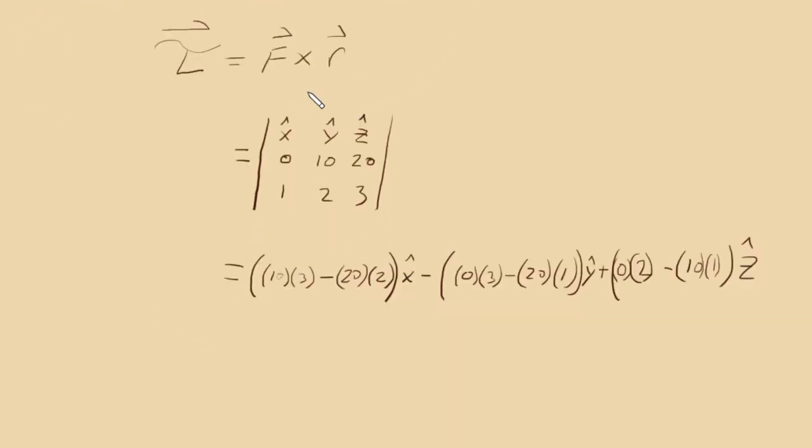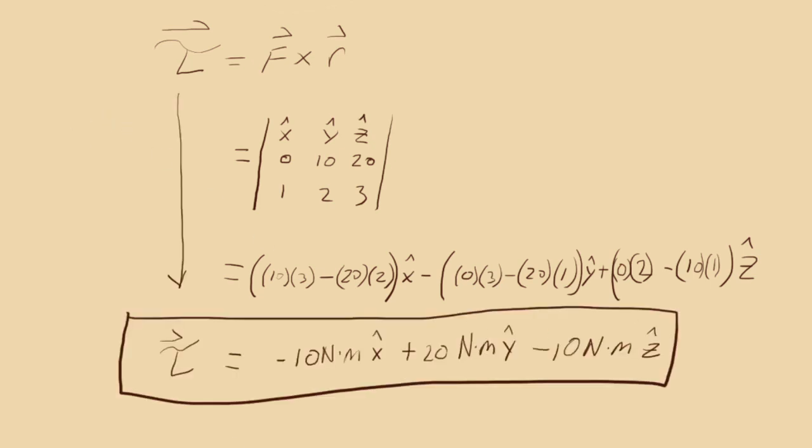And remember, the cross product does give us a vector answer. So unlike the dot product, where we sum these after multiplying, we're going to leave it in xyz components, which turns out to be negative 10 newton meters in the x hat direction, 20 newton meters in the y hat direction, and minus 10 newton meters in the z hat direction.